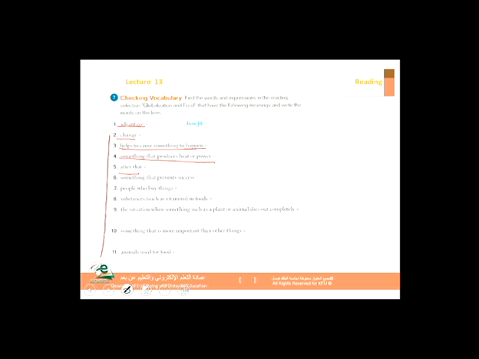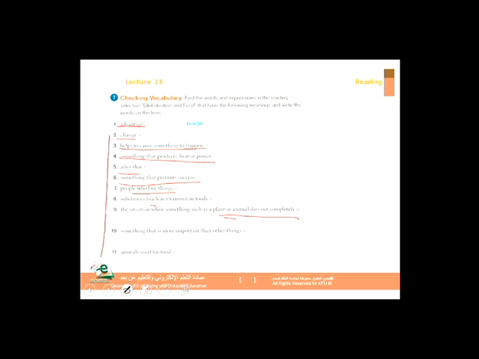After that, something that prevents success, people who buy things, substances, such as vitamins in foods, the situation when something such as plant or animal dies completely, something that is more important than other things, and animals used for food.